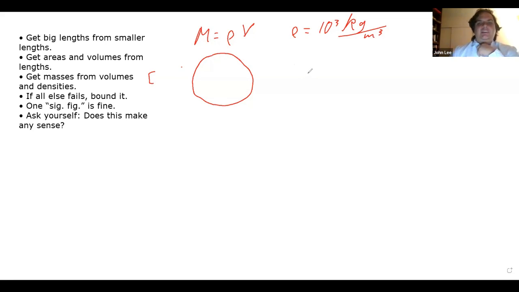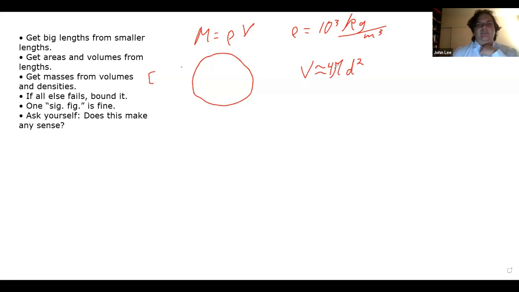So that is going to be approximately pi, or actually 4 pi.